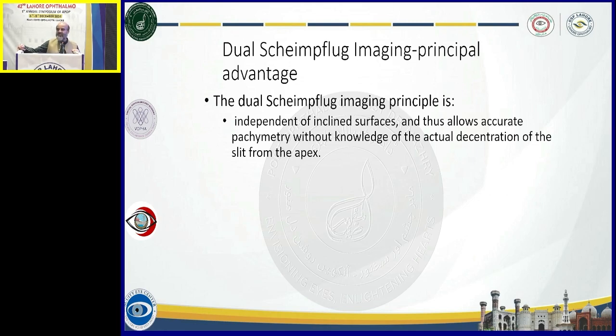Ultimately you should be able to understand what these topographers are doing and what these printouts mean. If we dive into the details and try to understand the basic principles behind these machines, you start enjoying your work and you start developing love for your specialty and your subspecialty. So that's why it's important to run these sessions, to interact, to try to understand.